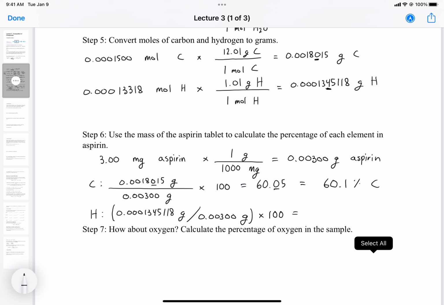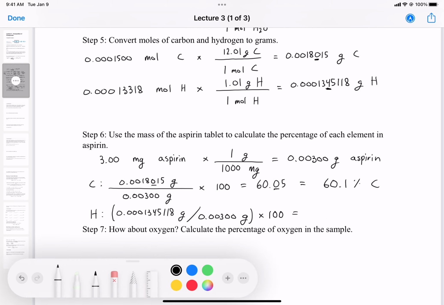So if we do that calculation, we will get 0.00013451118. And if we multiply that through, we get 0.0448. Oh, sorry. I should not put the decimal point.